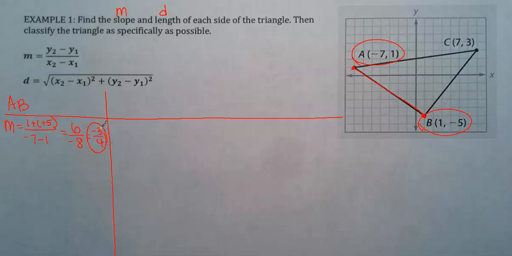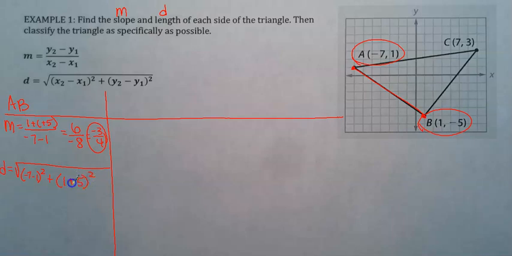Now I need to find the length of this side from A to B, so I'm going to use the distance formula. The distance equals the square root of the difference of my x's, -7 minus 1, squared, plus the difference of my y values, 1 minus -5, squared.